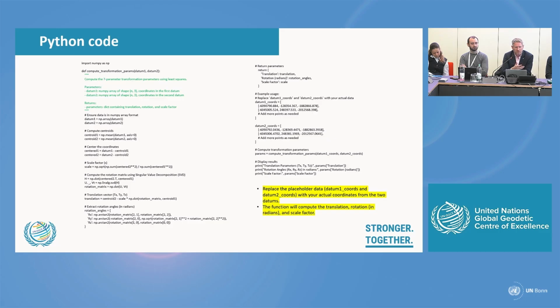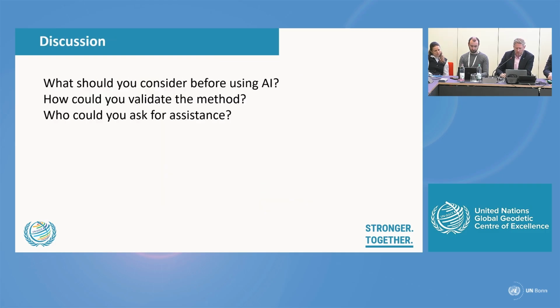Do we think tools like this could be helpful to address these kinds of capacity problems in the future, if we have qualified people who are helping to train the AI and then make this information available to a broader community? So with that, that's the end of the presentation.